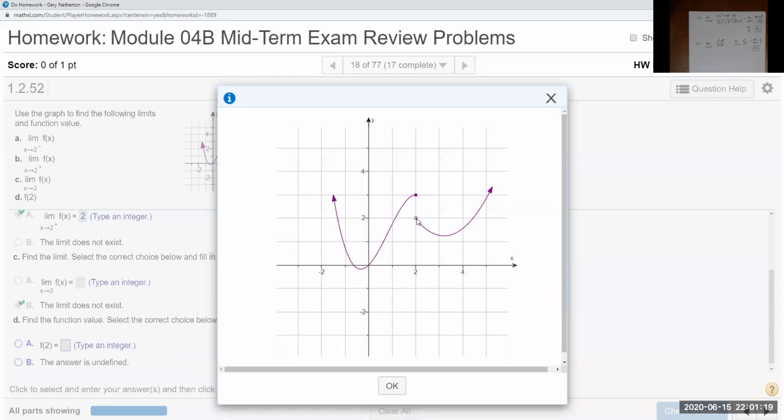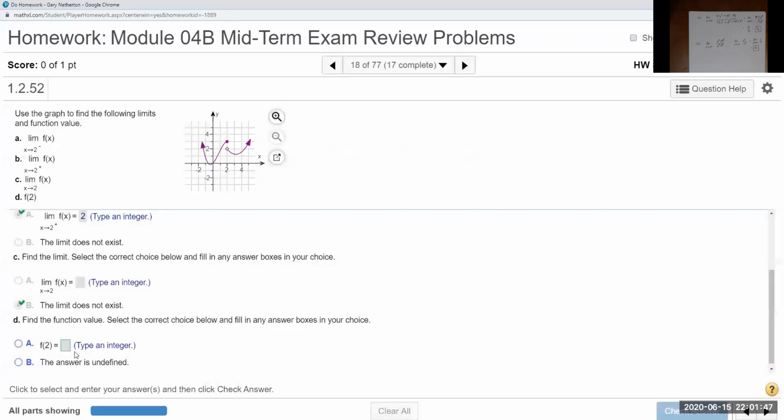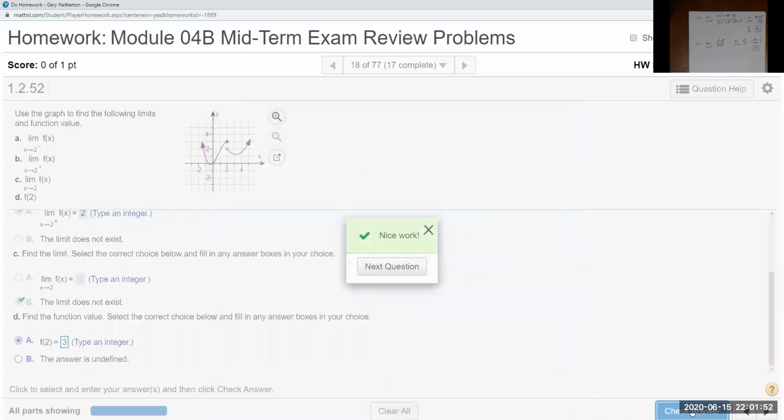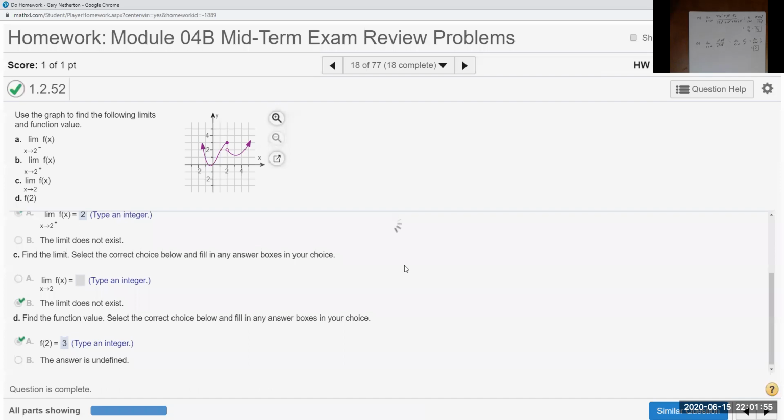Is it 3 or is it 2? Well, the whole key is, when you have the circle filled in, that means to include that point or that value. And if you have an empty circle, that means you don't include it. So when x is 2, this is the value of the function at the top here and not here at the bottom. So basically f of 2 we would say is 3. All right, so that's good.